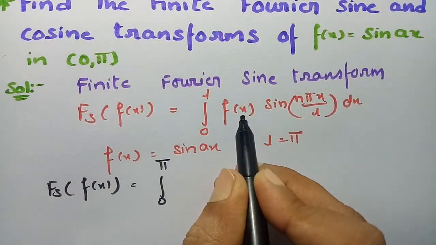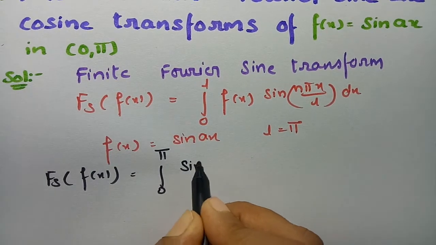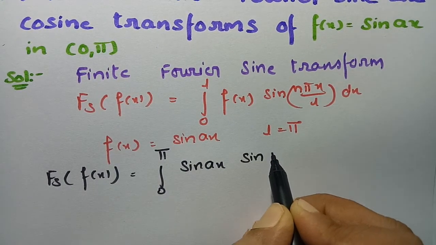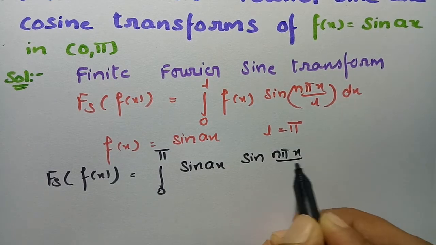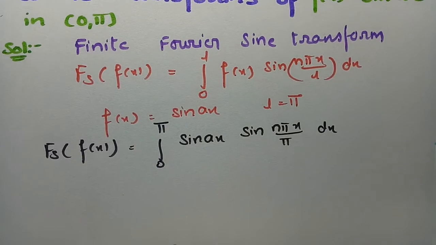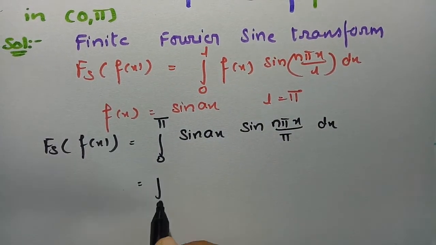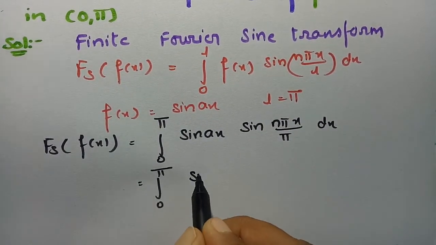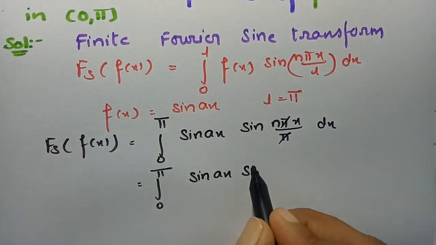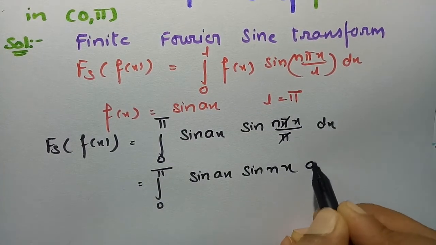What is f of x value? F of x value is nothing but sine ax into sine n pi x by L, with L equal to pi, into dx. So here if you observe, this will be the integral from 0 to pi of sine ax into sine nx dx.